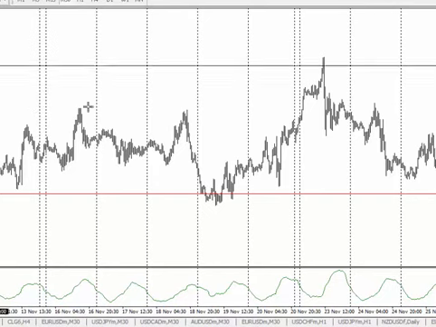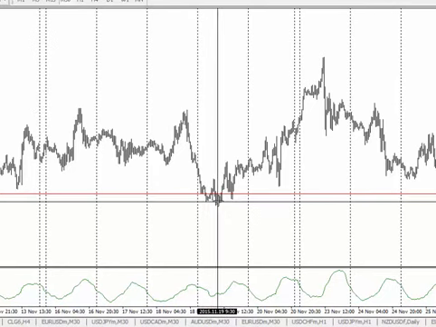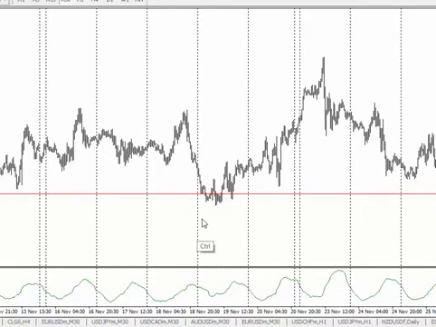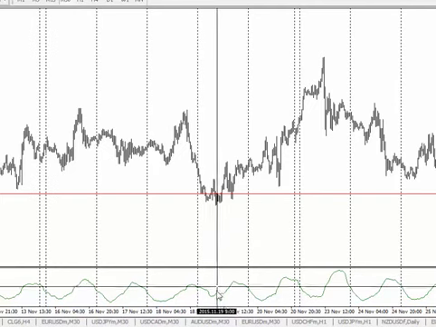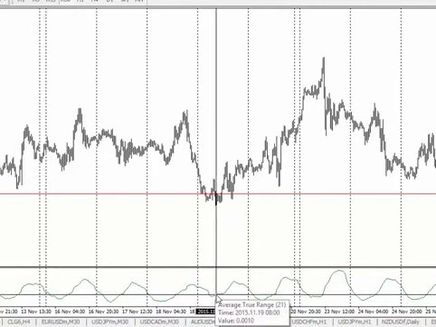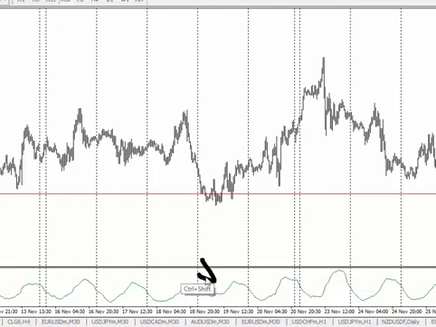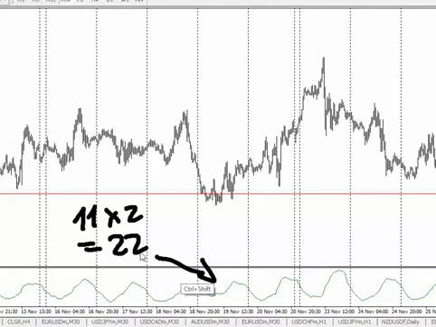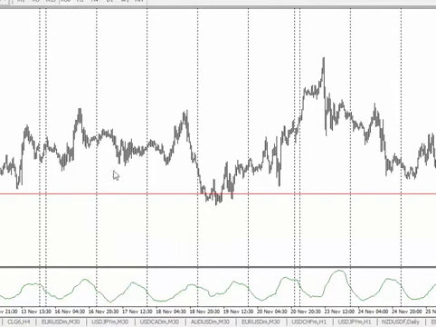If I set the stop loss equal to, I don't know, 10 pips, I could have been thrown out of the position by 1.3246, for example. So to do the math, I should look at the ATR here. It is equal to 11 pips. I have to multiply it by 2 and get the value of 22 pips. So 22 pips is the size of my stop. If I enter at 32.56, I have to place my stop at 1.3236.